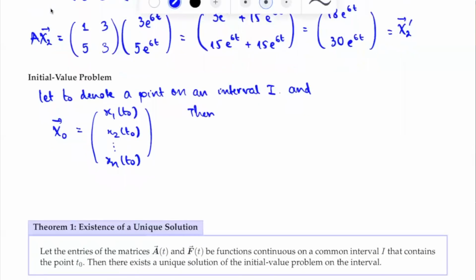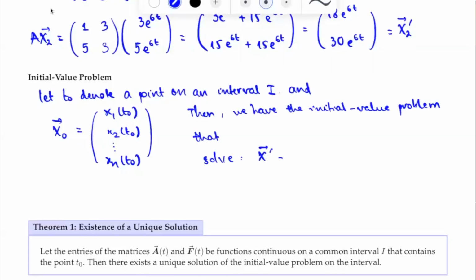Then we have the initial value problem that solves the system of differential equations X prime equals A times X plus F of t, subject to X of t sub 0 equal to X0.